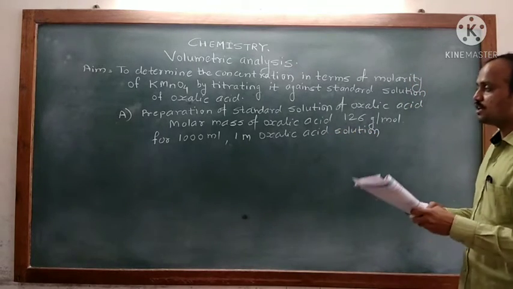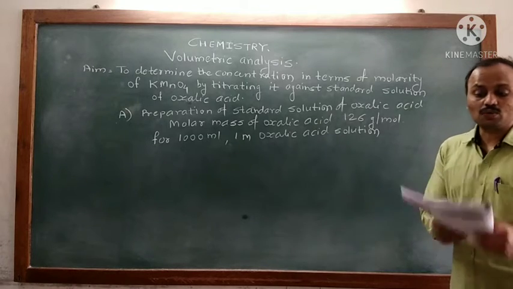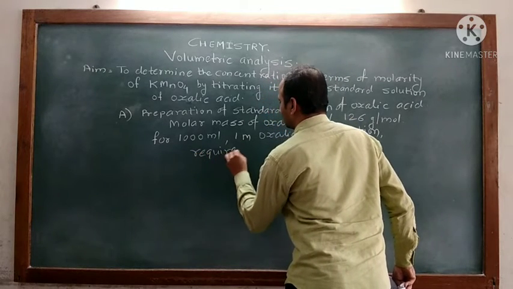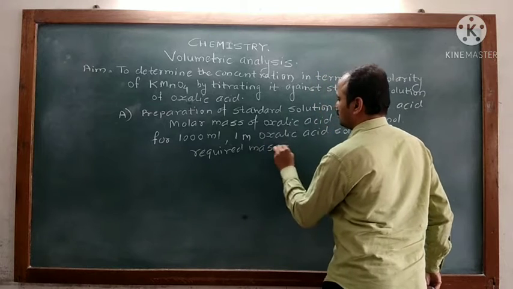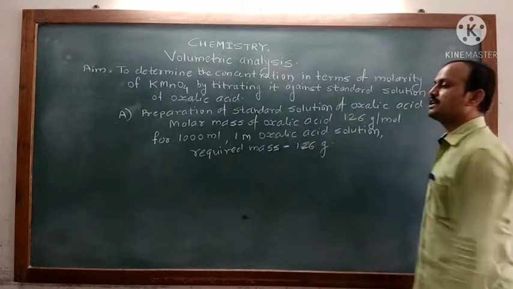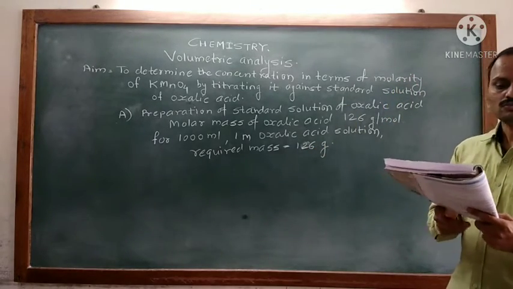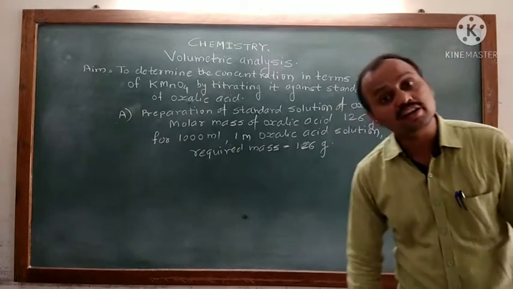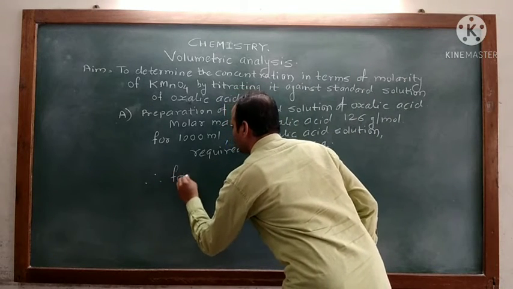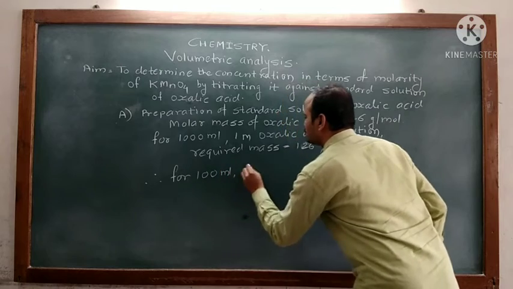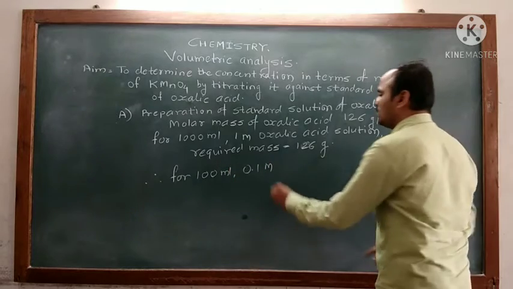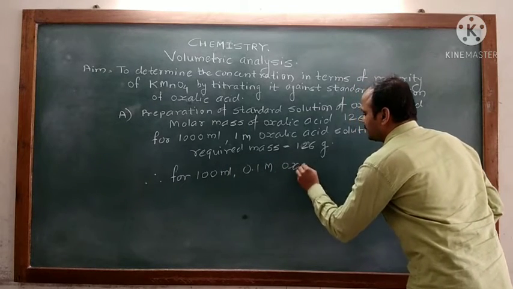For a 1 liter, 1 molar oxalic acid solution, the required mass is 126 grams. But students, right now we have to prepare 100 ml of 0.1 molar oxalic acid.